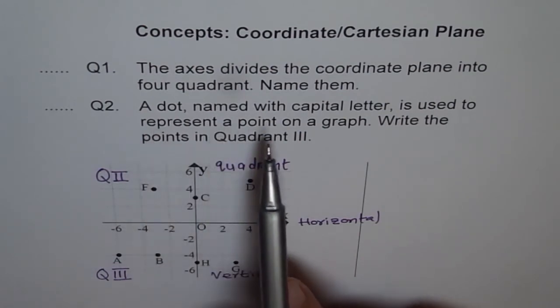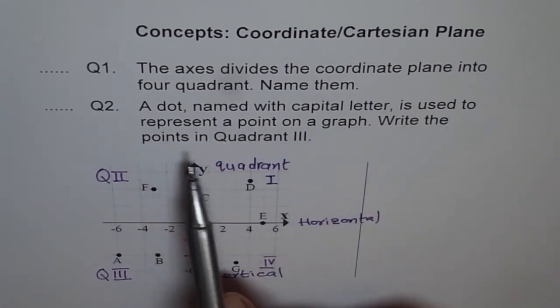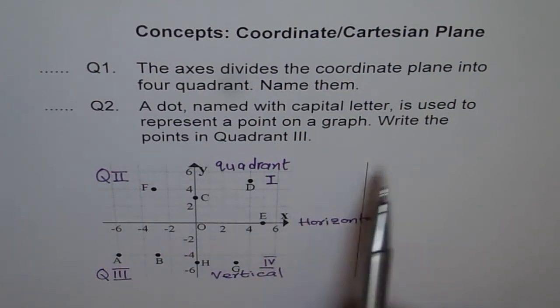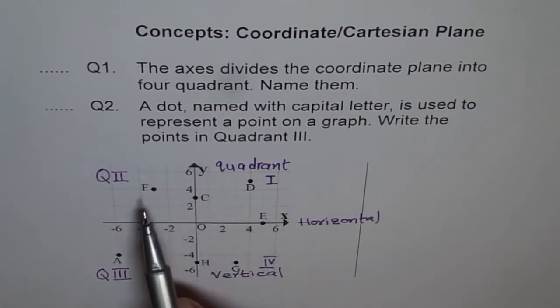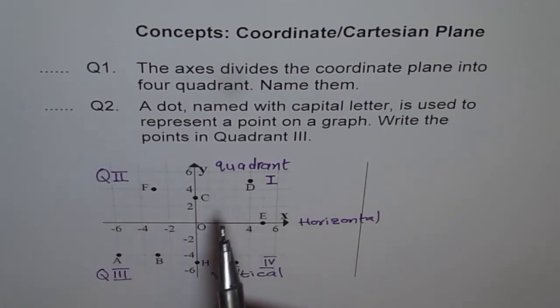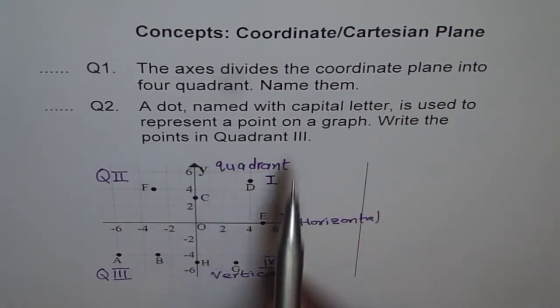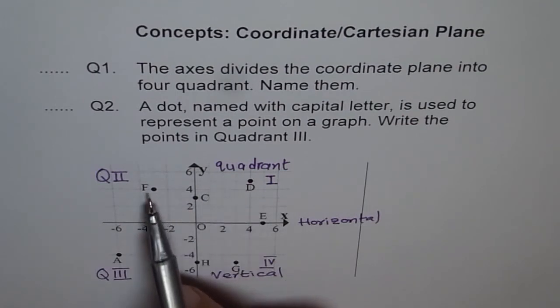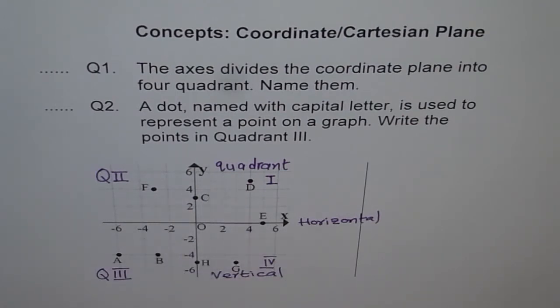A dot named with a capital letter is used to represent a point on a graph. Write the points in quadrant 3. These dots which I have placed here are always labeled with a capital letter like A, B, C, D. In the next question I will explain how to write them as an ordered pair.